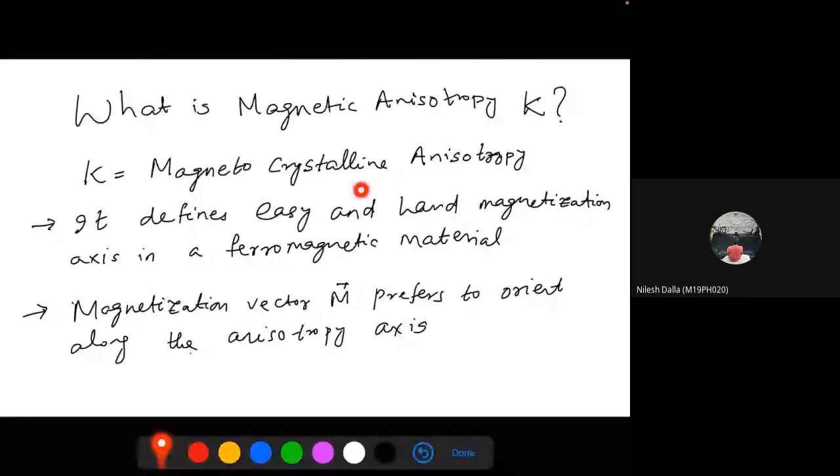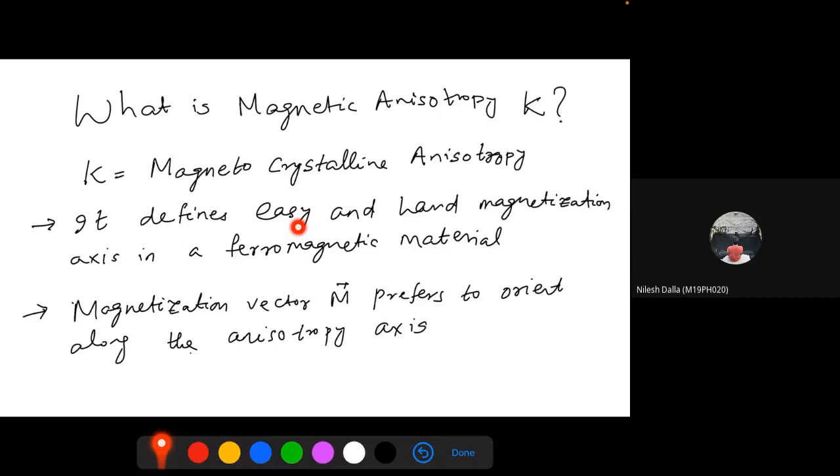Basically it defines easy and hard axis magnetization. The direction of your anisotropy is known as your easy axis. That means your magnetization prefers to stay along that anisotropy axis.